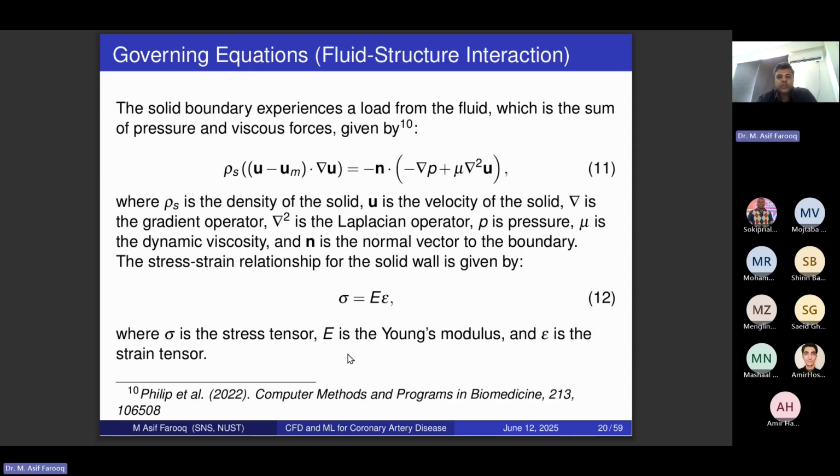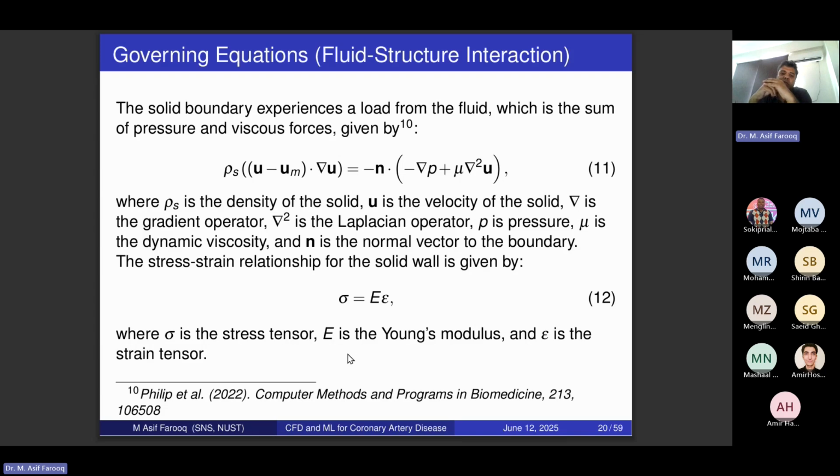And we also added something for novelty. You know that when we have blood flowing in the arteries, that blood pushes the artery wall as well. If your artery is flexible, then the blood pushes the artery wall, and the artery wall pushes the blood as well.